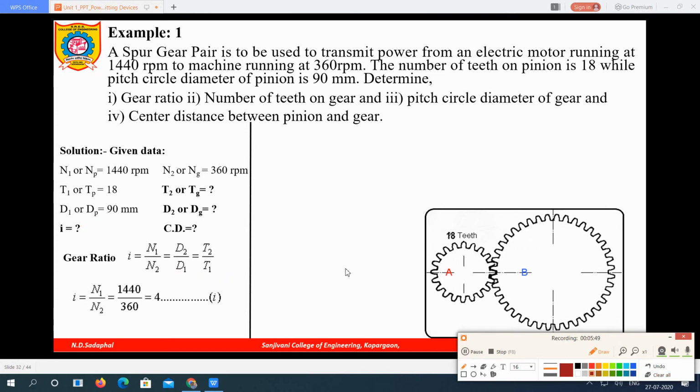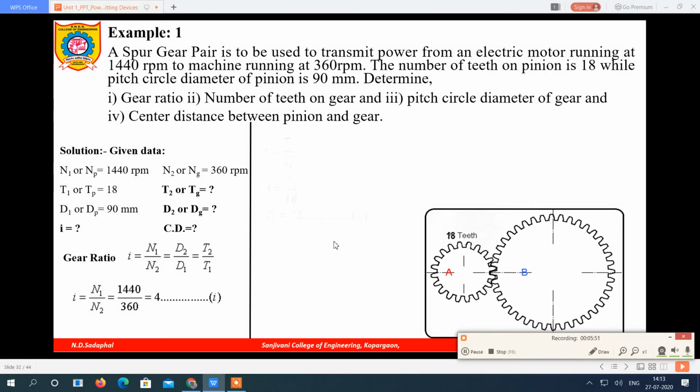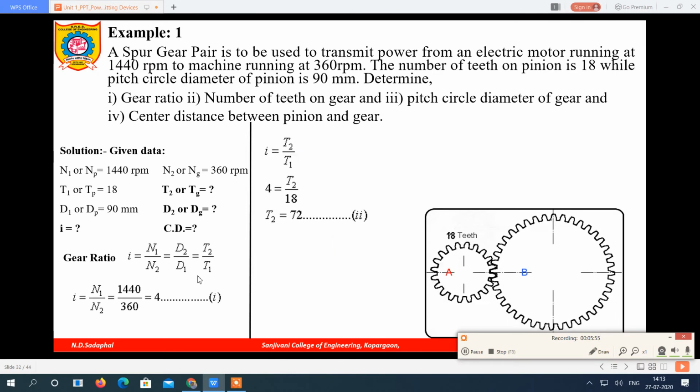Let's see. i equals T2 upon T1. i is calculated as 4, equal to T2, which we have to find, upon T1, which is given as 18. So T2 will be 18 multiplied by 4, that is 72. So 72 is the number of teeth on the gear.